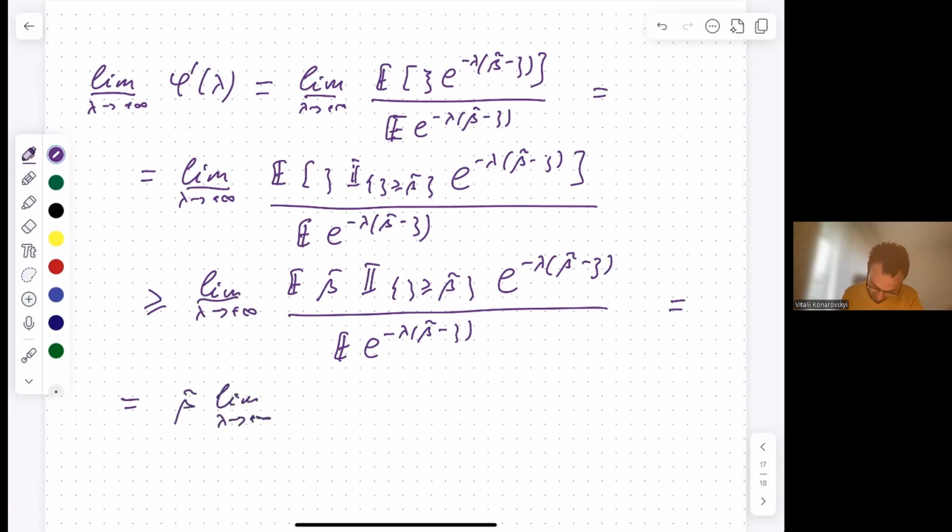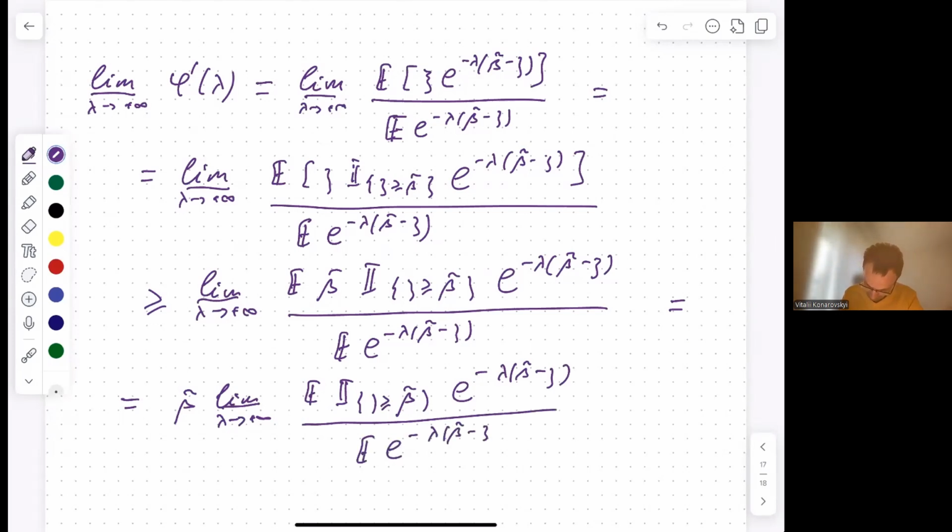Lambda goes to plus infinity. And I have the expectation of the indicator that ξ is larger or equal than β̃, e^(-λ(β̃ - ξ)), divided by the expectation of e^(-λ(β̃ - ξ)).